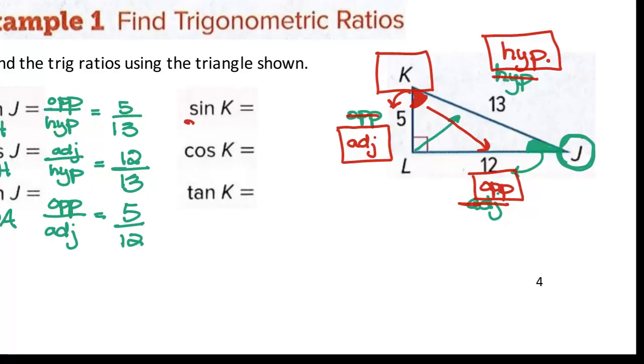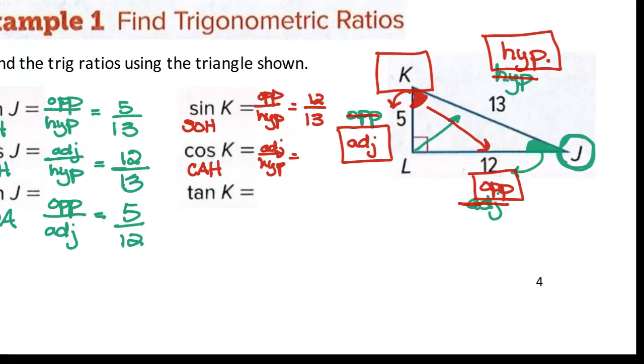Sine of K, that's SOH, S-O-H. That means opposite divided by hypotenuse. Now the opposite side from K is 12 and my hypotenuse is 13. Cosine of K, that's CAH, C-A-H. That is adjacent divided by hypotenuse.